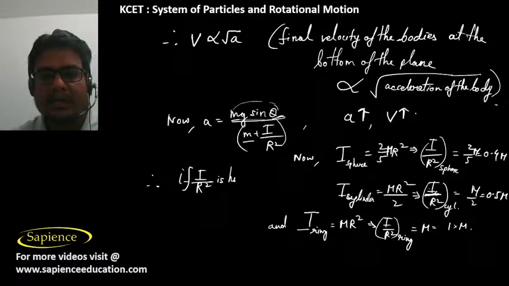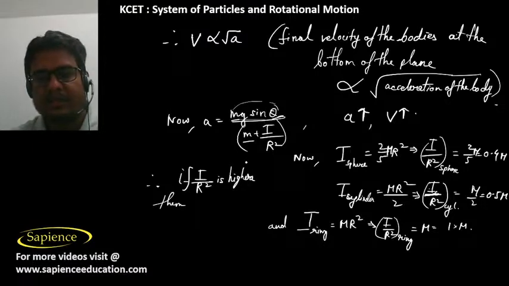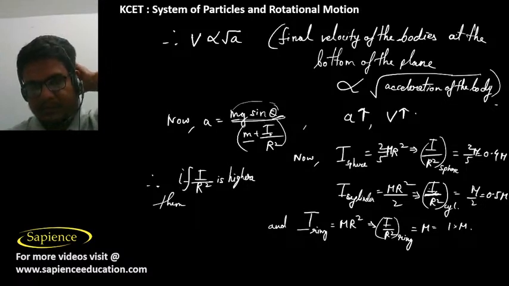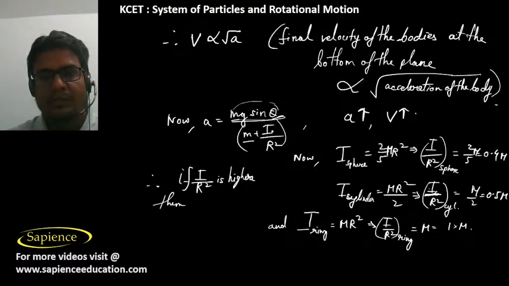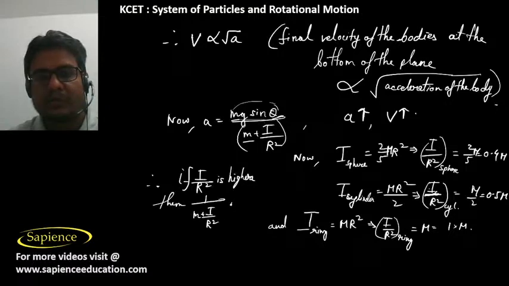So here we can see that if the value of I by r square is higher, then m plus I by r square is higher. Then 1 by m plus I by r square will be lower.